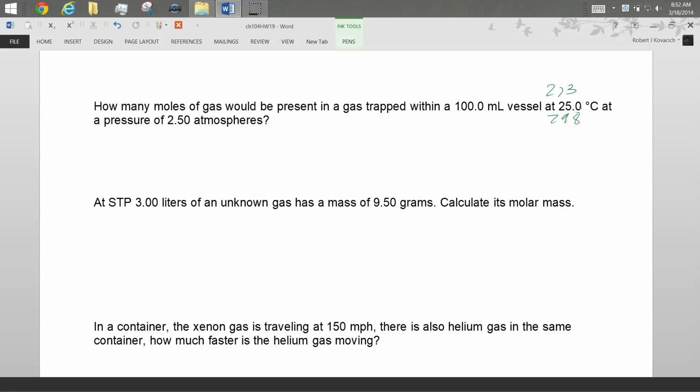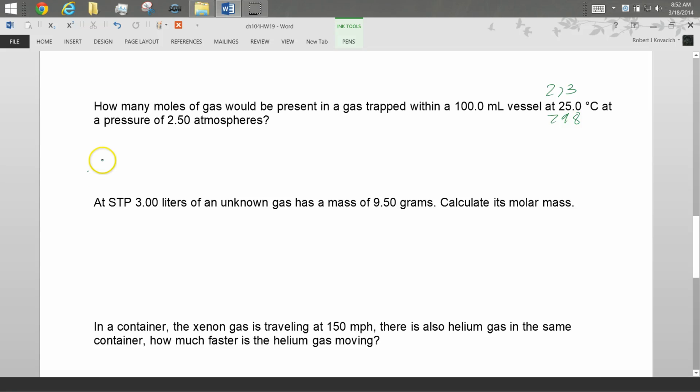We're looking for moles this time. We hadn't seen that, but really the important thing to notice is there isn't any before and after. There's no P1, P2, or N1, N2, or V2, V1, none of that stuff. So this must be an ideal gas law problem because it's just got the actual each of them. So there aren't any moles up here. So what I'm going to need to do is use the ideal gas law constant to get me moles.